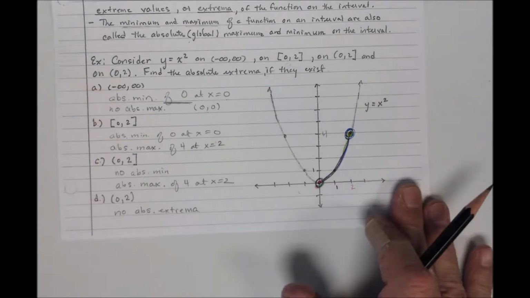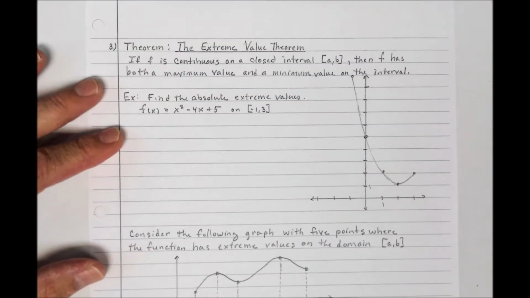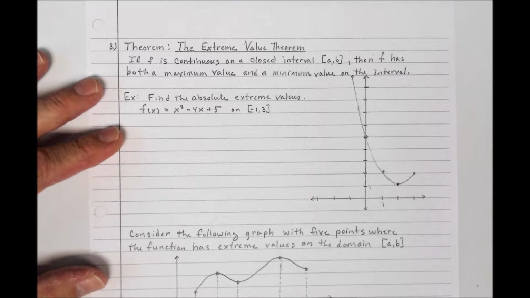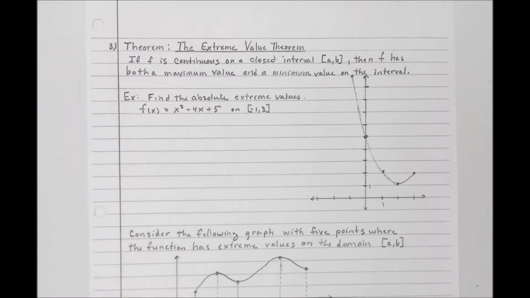All right, now let me move this out of the way. And the next one up is a very important theorem called the extreme value theorem. This has got another name, but off the top of my head, I can't remember what it's called. It's named after a mathematician. I'll have to double check that for you guys.